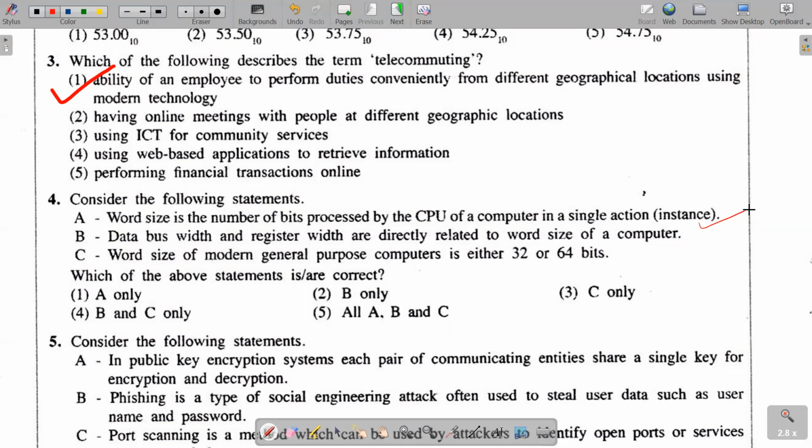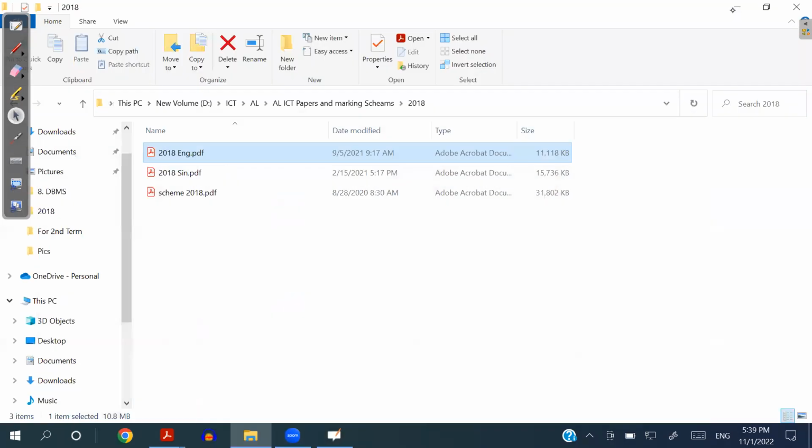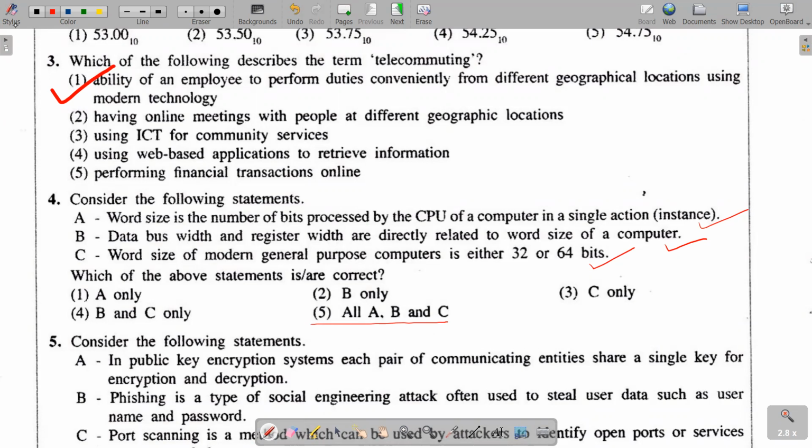Data bus width and register width are directly related to the word size of a computer. Yes, they are directly connected. And the word size of a modern general purpose computer is either 32 or 64 bit. Yes, that's true again. So we can go with all are correct for the fourth one. Let me check the answer. Yeah, the fifth option is the answer for the fourth, so all are correct.